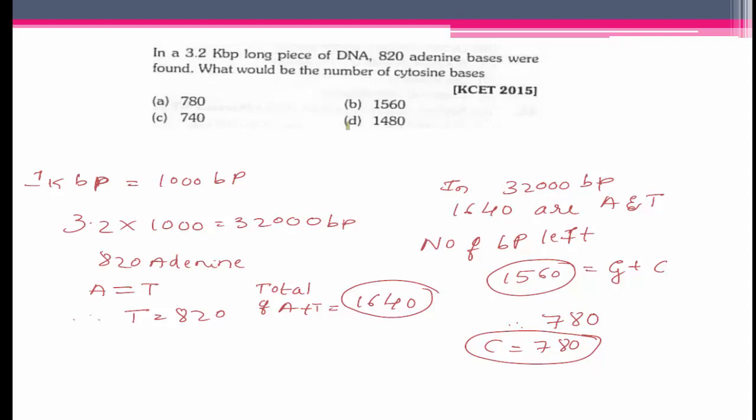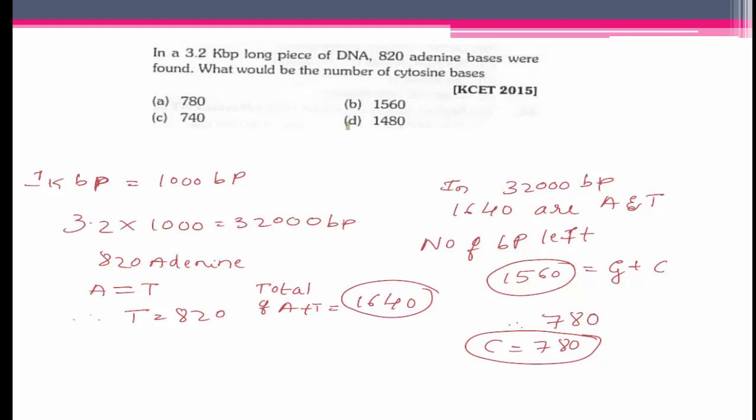In a 3.2 kilo base pair long piece of DNA, 820 adenine bases were found. What would be the number of cytosine bases? The given point is, a DNA piece is there, its length is 3.2 kilo base pairs.